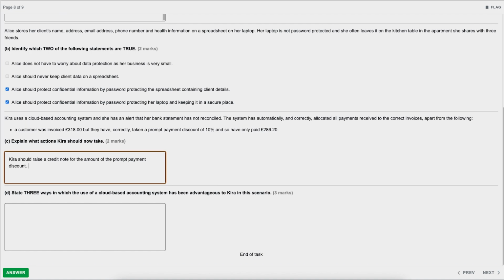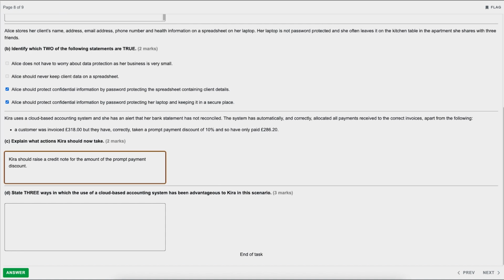Now, the reason we do this is because if we think about on system, there would have been £318 owed from this customer, but they've paid £286.20. Which is absolutely fine because they've taken the prompt payment discount. The problem is that on our system, that means we've allocated £286.20 against this £318.